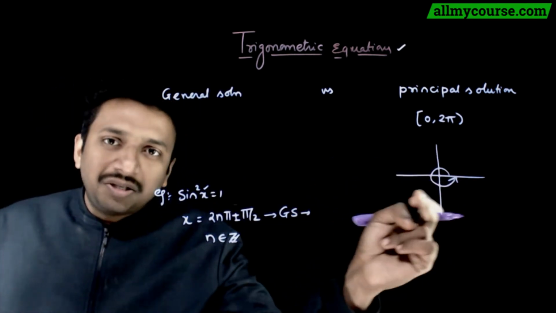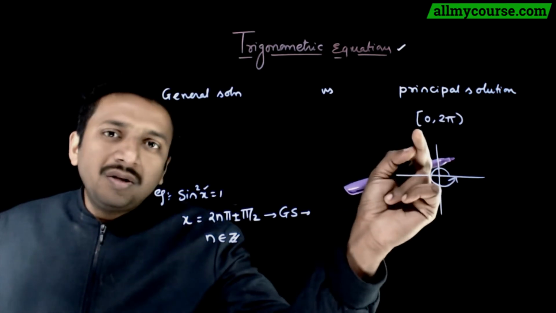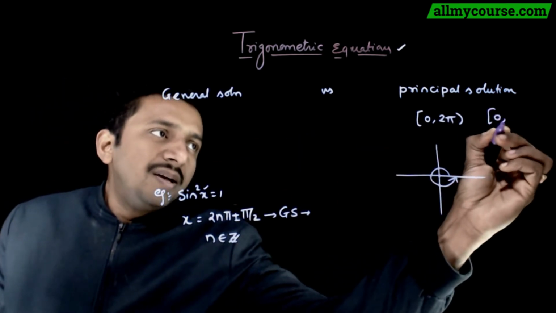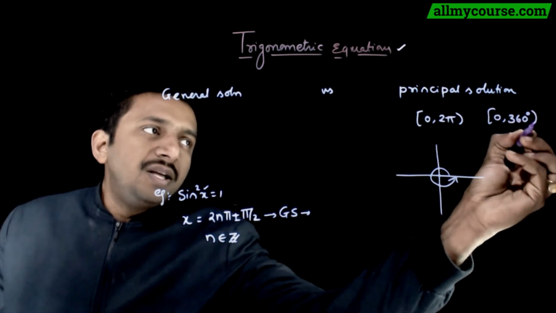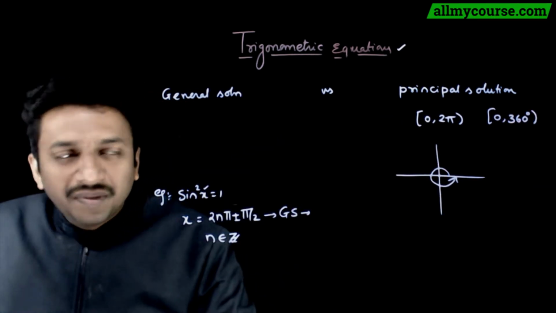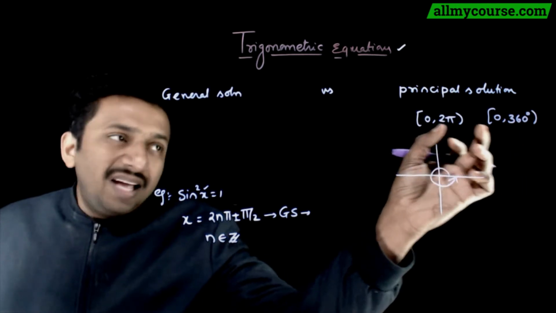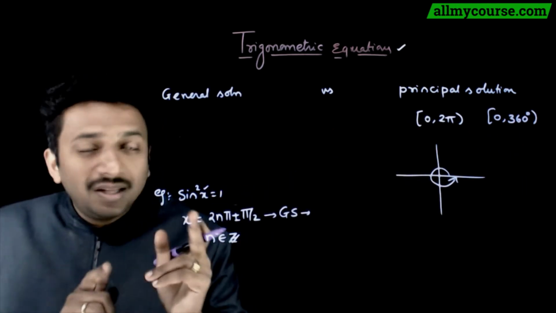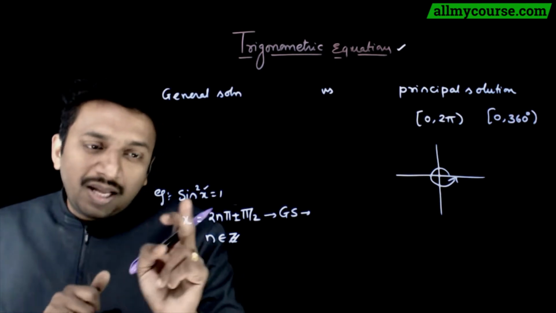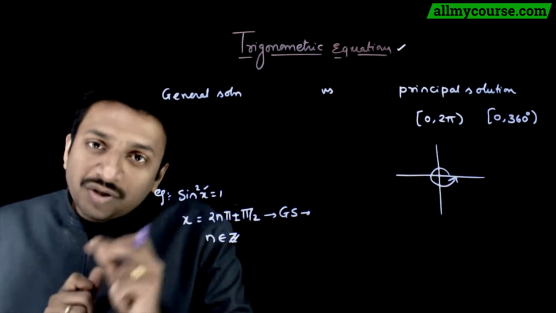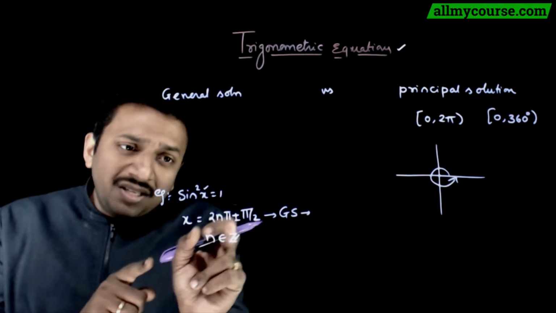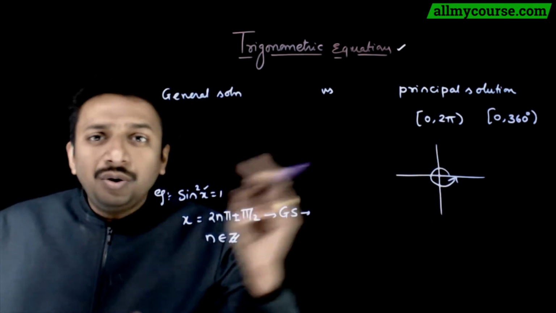The first rotation is 0 to 2 pi, closed at 0 and open at 2 pi, or 0 to 360 degrees, 0 included, 360 not included. The solutions which lie in this interval are called the principal solutions. Getting the principal solutions is very easy. You just write the general solution and see which of these solutions are in 0 to 2 pi.